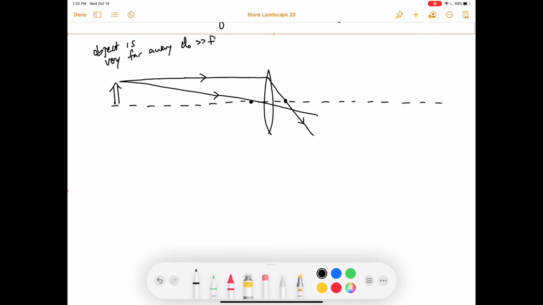Now you can see the image is forming over here. It's not exactly at the focal point. It's very close to it. But of course, in the limit where DO actually goes to infinity, DI is going to be exactly going towards F. Okay, so that's the idea here.